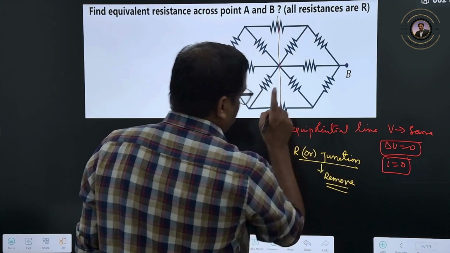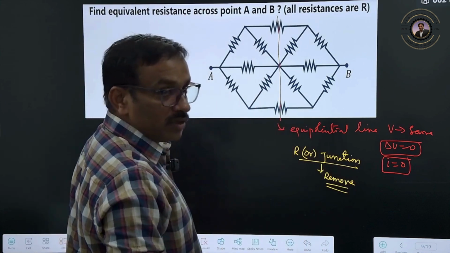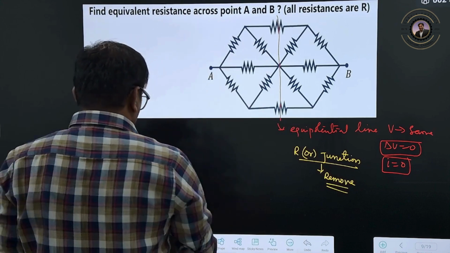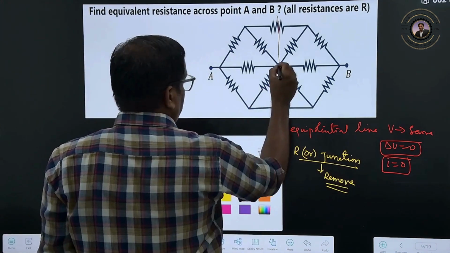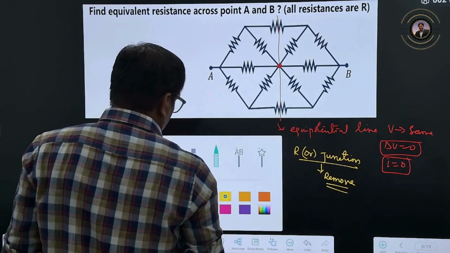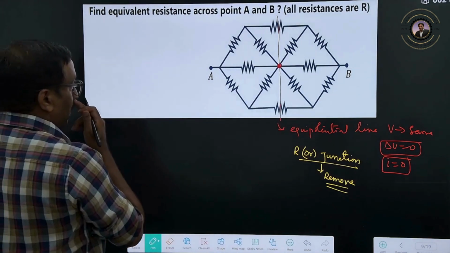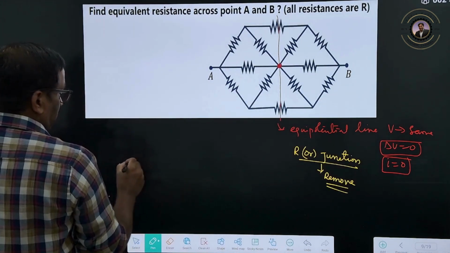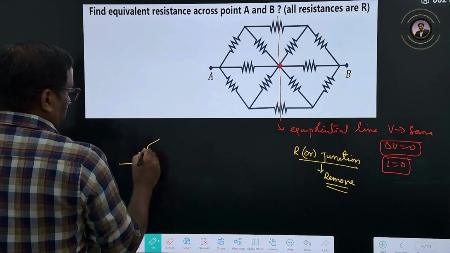In the previous question we removed the resistance. Here there is a junction at this point, so this junction can be removed. Clear? Then I can rewrite the circuit.